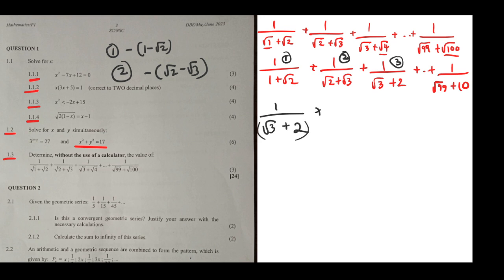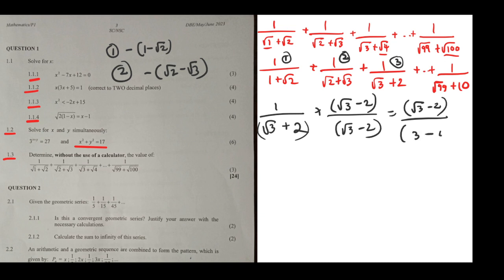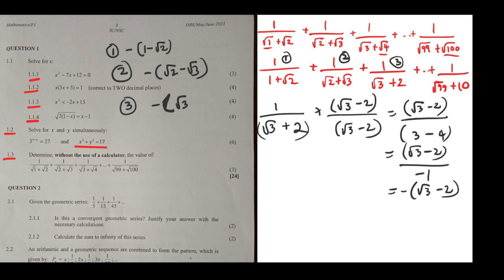We rationalize this, we have root of 3 minus 2, root of 3 minus 2. Then you get at the top, it's root of 3 minus 2. At the bottom, it's 3 minus 4, right, which is equals to root of 3 minus 2 at the top over minus 1, which is negative into root of 3 minus 2. So number 3, we got negative into root of 3 minus 2.